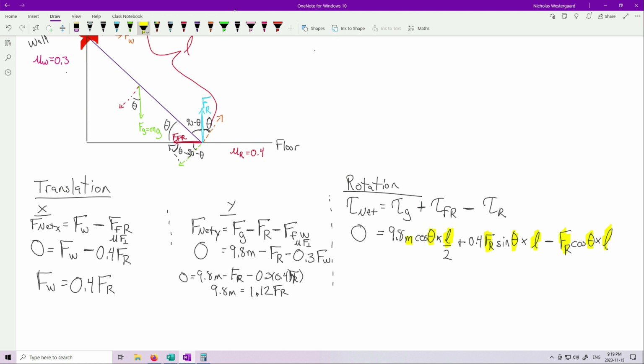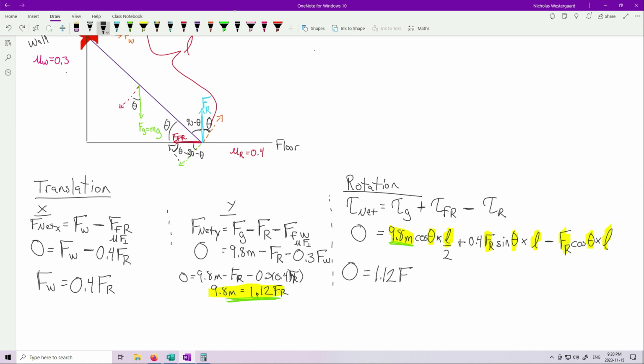Fr and m are the ones that we don't mix. But there's work that we've done earlier that'll save us. See how 9.8 m is 1.12 Fr? And this is 9.8 m? So let's just substitute all of 9.8 m with this 1.12 Fr. So I'm going to have 0 is equal to, instead of 9.8 m, 1.12 Fr.